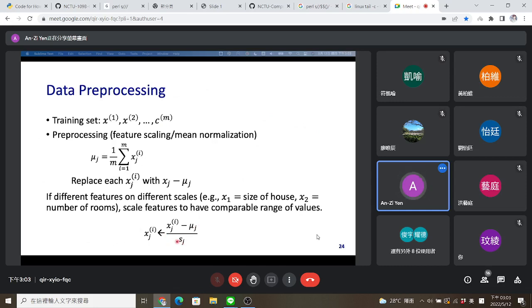Here sj measures the range of values of feature j. So it could be the max minus min value, or you can call it the standard deviation of feature j.